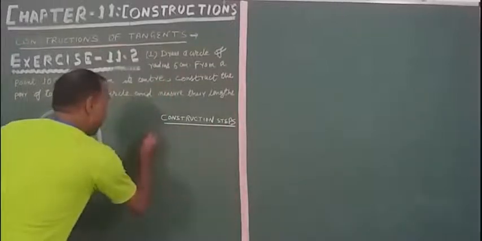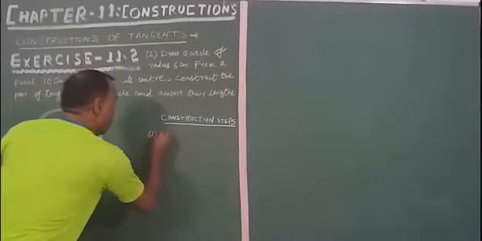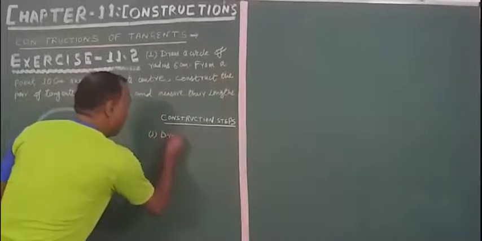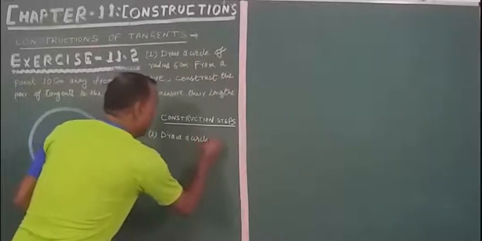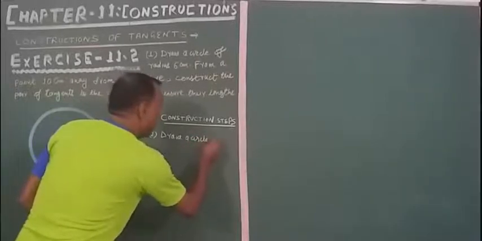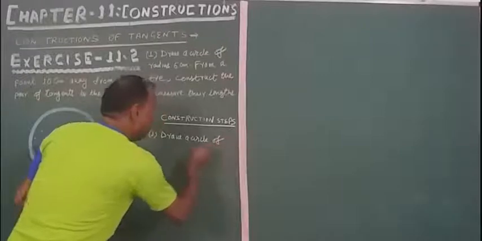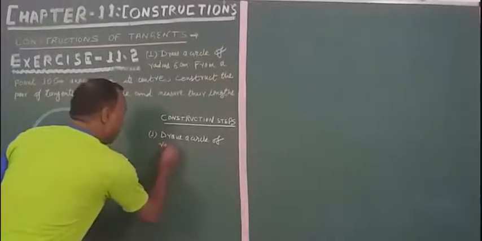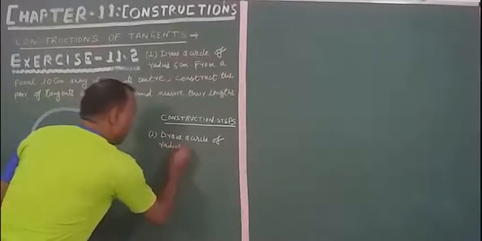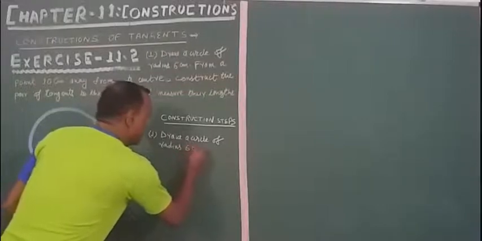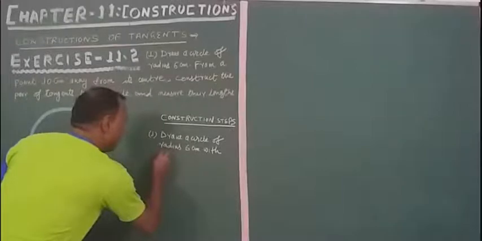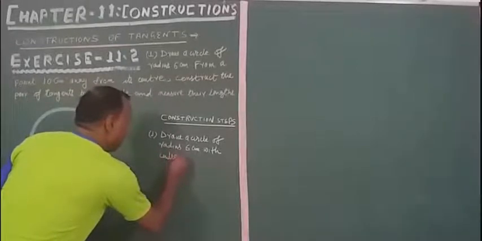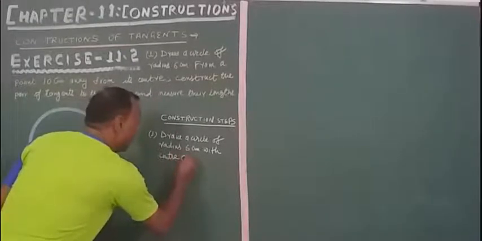What is the first step? Draw a circle of radius 6 centimeter with center O.